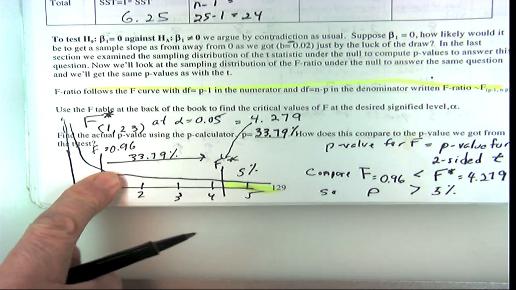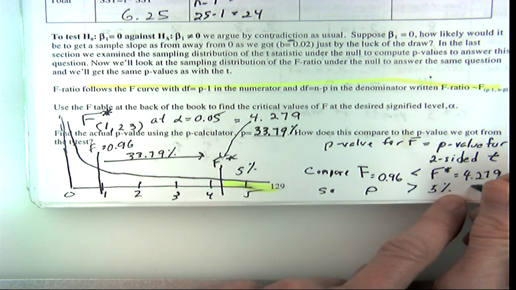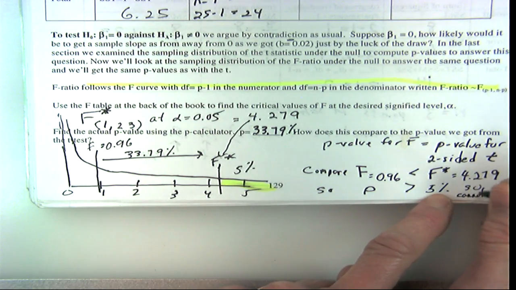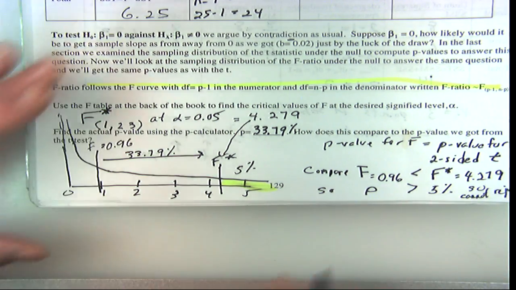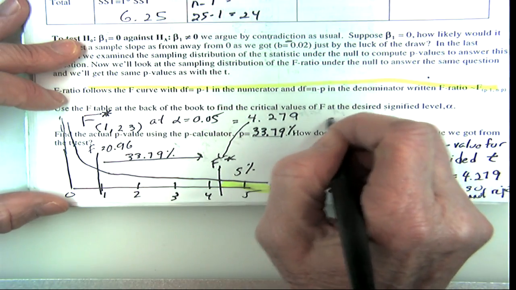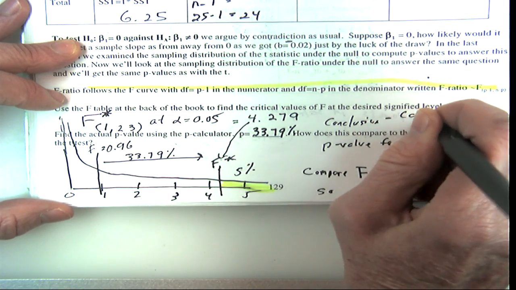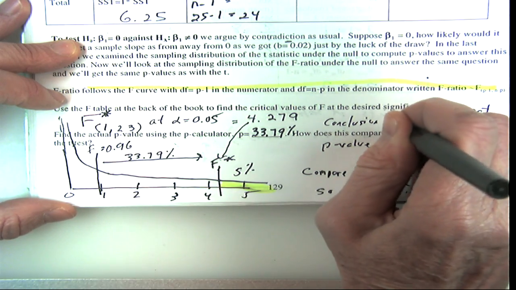Does that help? So do not reject the null. Cannot reject null. The conclusion is cannot reject null, and we'll look at it again.